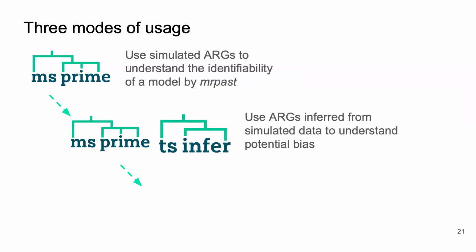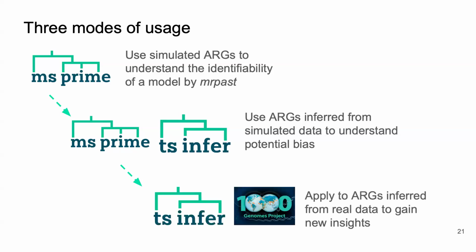And I would use ms prime plus tsinfer here to indicate the result shown is based on ARGs inferred from simulated data. And lastly, if we can accurately resolve the parameters based on this second approach, we would then test in real data. And I will use tsinfer from 1,000 Genomes to indicate that it is a result from ARGs inferred from real data.